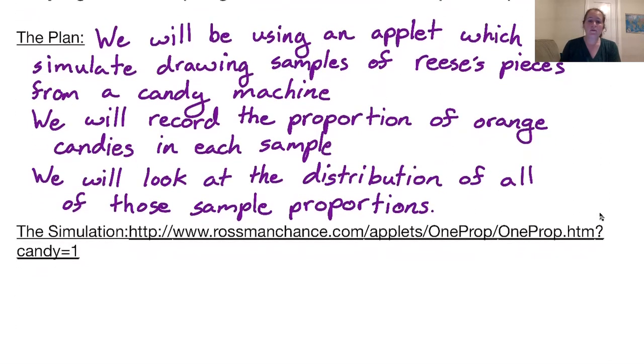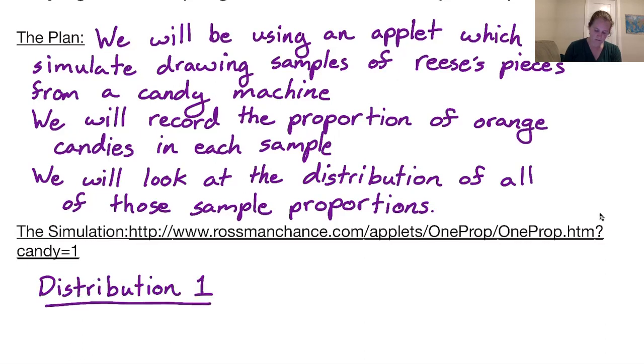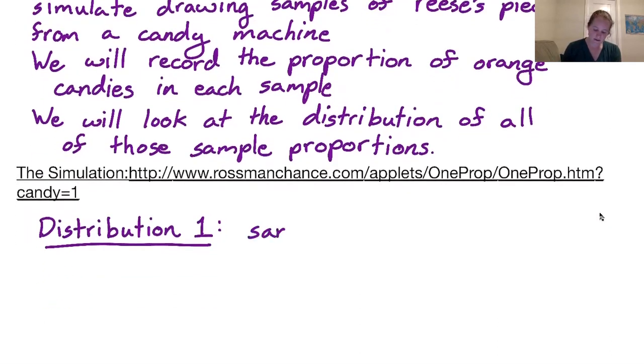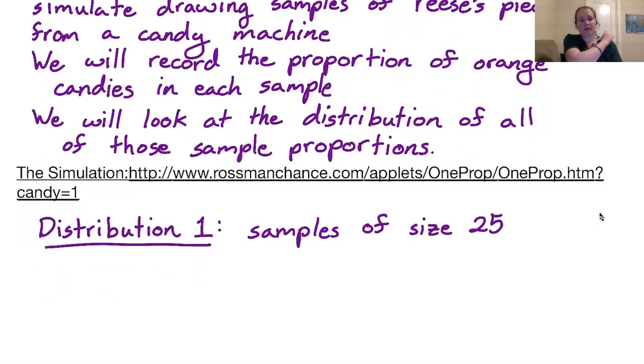So before we switch over to our applet, our first distribution, distribution 1, we will be looking at samples of size 25, and we will be assuming that the proportion of orange candies in the actual candy machine itself is 0.5.